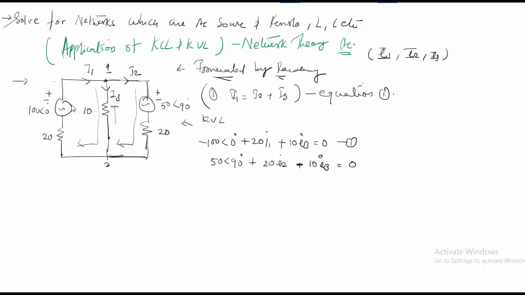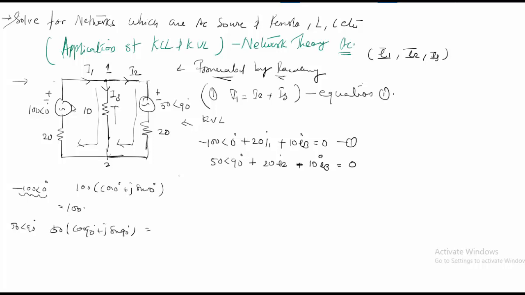So this equation, my 100 V with a phase angle of 0 degree, can be resolved as 100 into cos 0 plus j sin 0. So this will become 100, and my 50 making a phase angle of 90 degree can be written as 50 of cos 90 plus j sin 90.